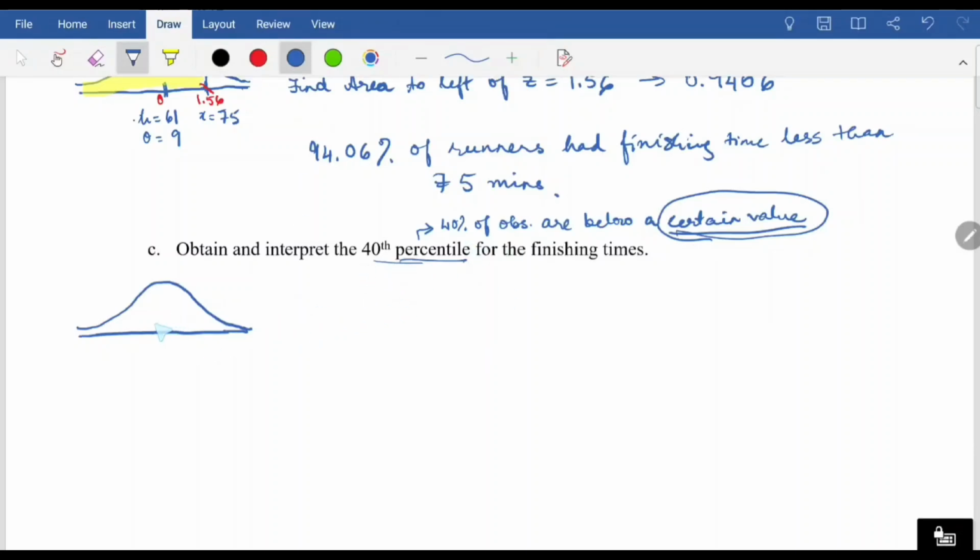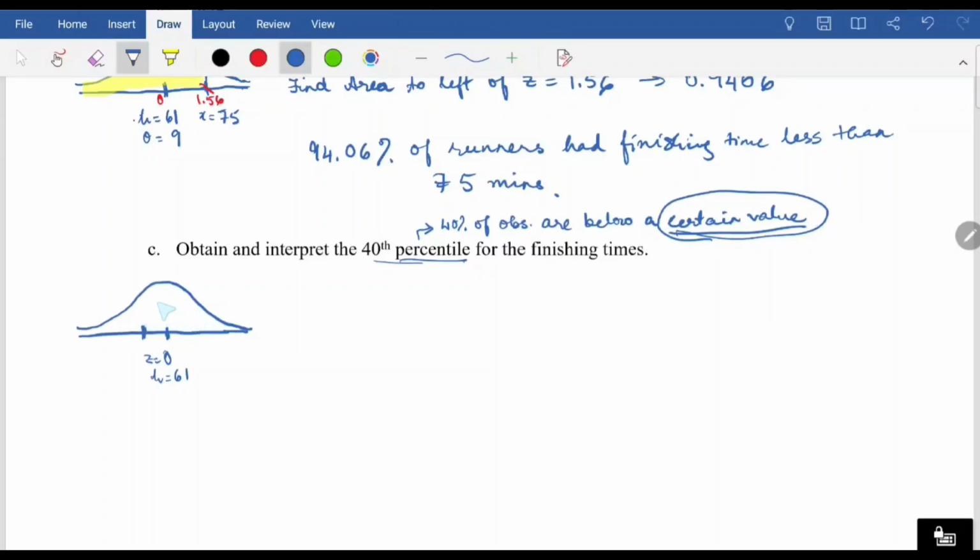So 40th percentile, let's demonstrate that using our standard normal curve. Again, the center point is where we will have 0, or the mean of 61, which will have a corresponding z value of 0. Now, 40th percentile means it'll be somewhere here, let's mark it here. 40th percentile is less than 50th percentile, correct? Remember, a normal curve is always a symmetrical curve.